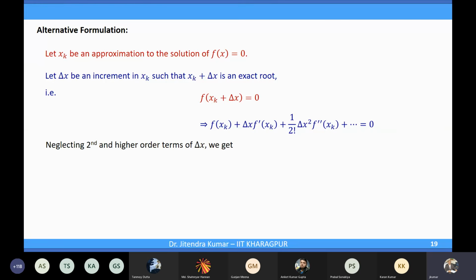What we get is f(x_k) plus delta x f prime(x_k) is approximately equal to 0.